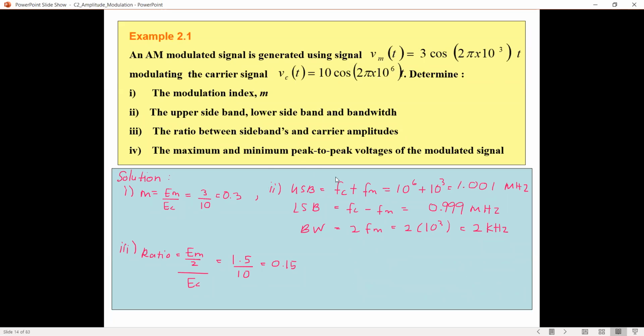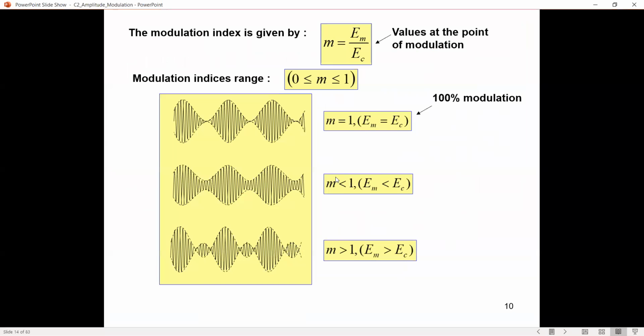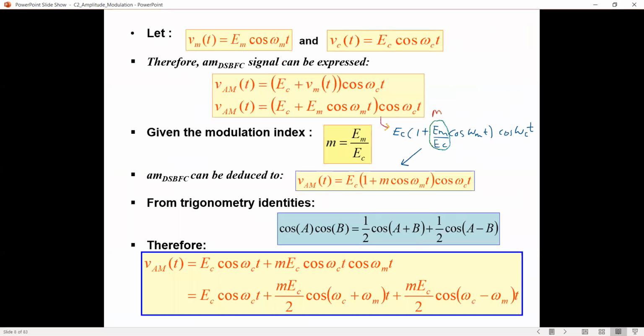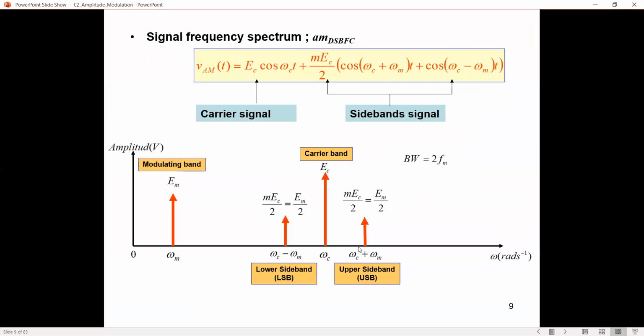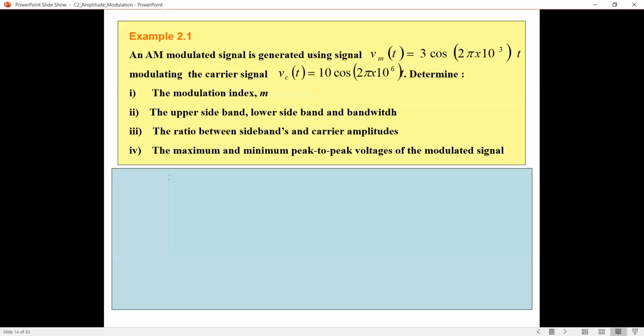If you look at our spectrum here, our highest frequency is FC plus FM and our lowest frequency is FC minus FM. If you subtract these, you get 2 FM, which is upper sideband minus lower sideband. Oh, okay, thank you, doctor.